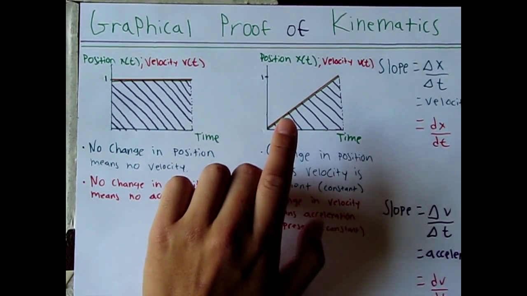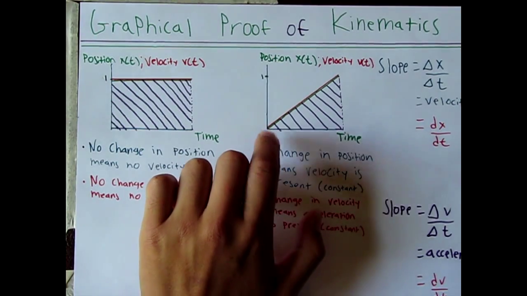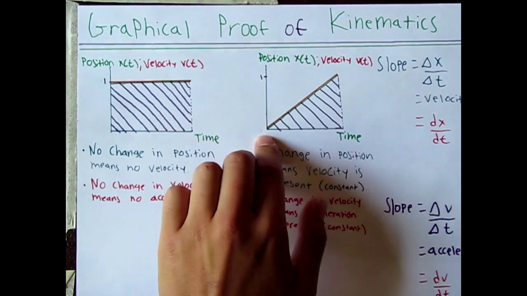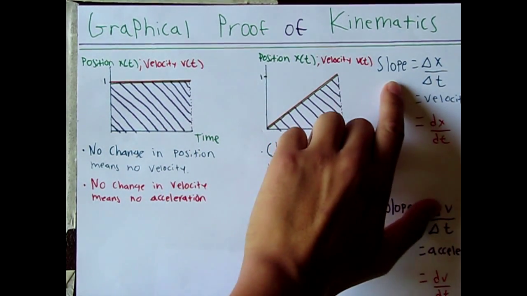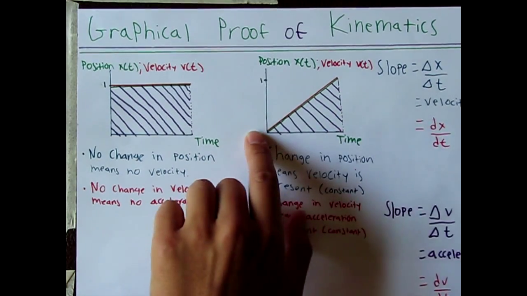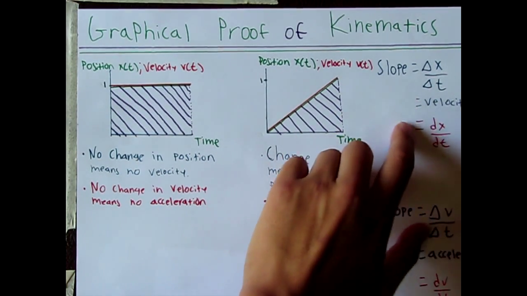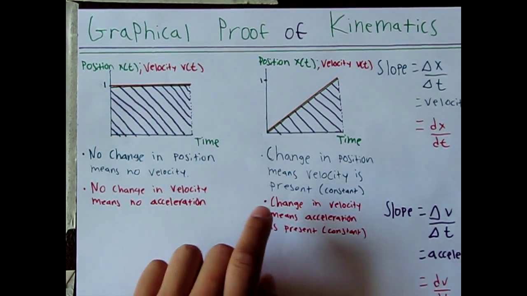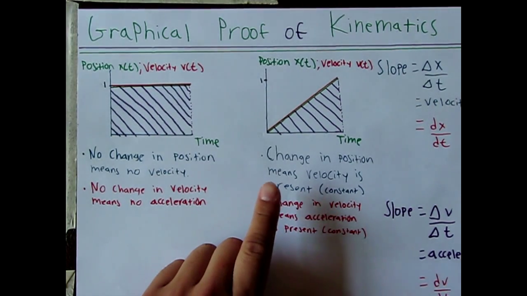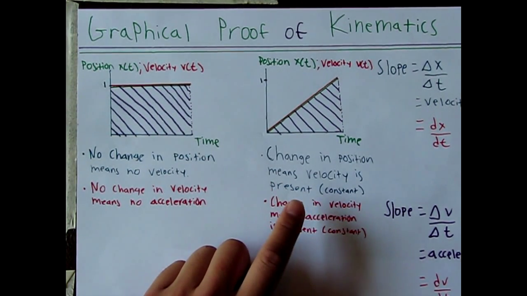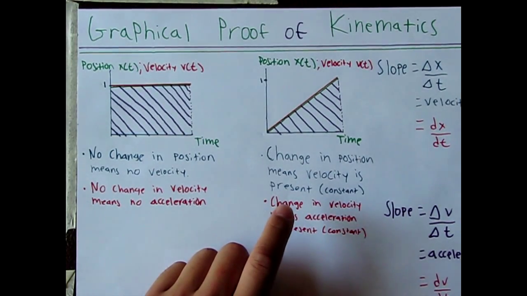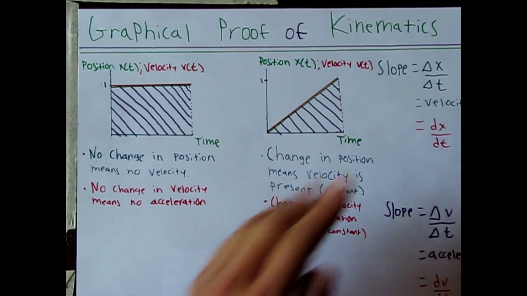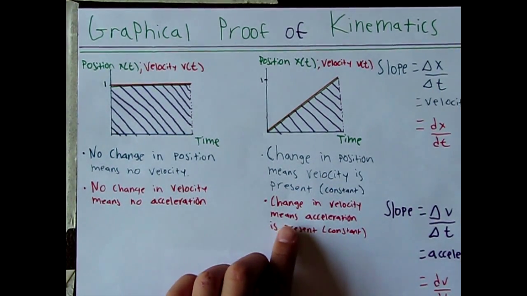If we look at the other graph where the slope is x, where position x of t and velocity v of t are also the same, and we look that the slope is equal to the change in x over the change in t, which is therefore velocity, therefore dx over dt, that means that we can establish that there's change in position, which means that there is also a constant velocity since it is going at the same pace over time.